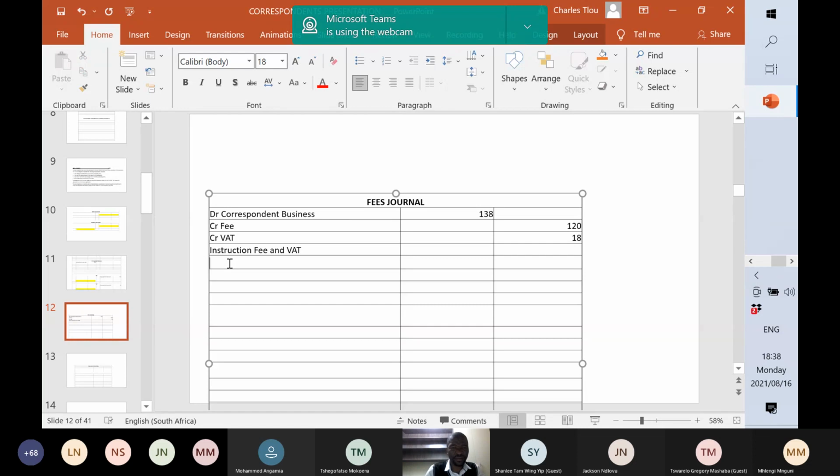Come here and say, credit correspondent business. Then you say, you credited your fee and your VAT, now you must debit fee. You must also debit VAT. You can say this is allowance fee.